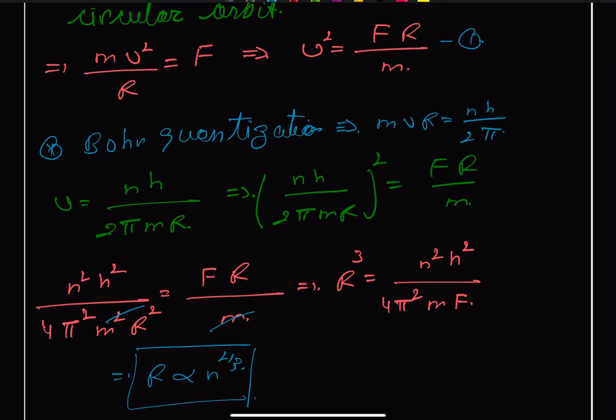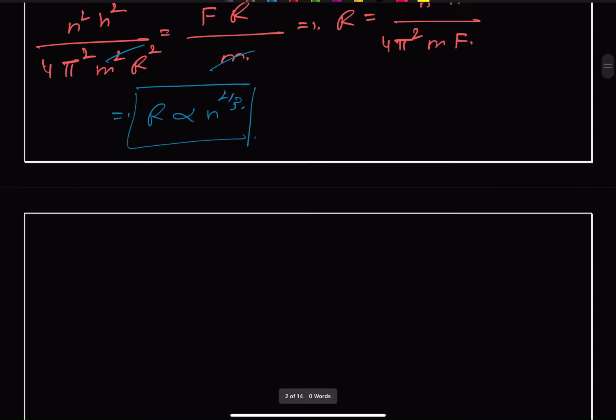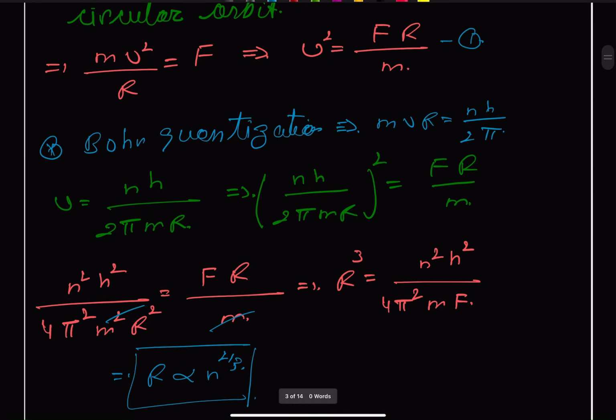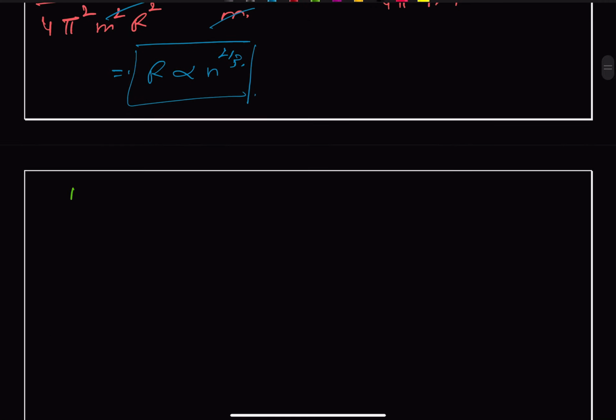Okay, so if we substitute r in equation number 1, from equation 1 we have that our velocity is proportional to r raised power 1 by 2, and if we substitute r as n to the 2 by 3, this comes as proportional to n 2 by 3 and whole raised power 1 by 2, and this gives us that the velocity is proportional to n raised power 1 by 3.